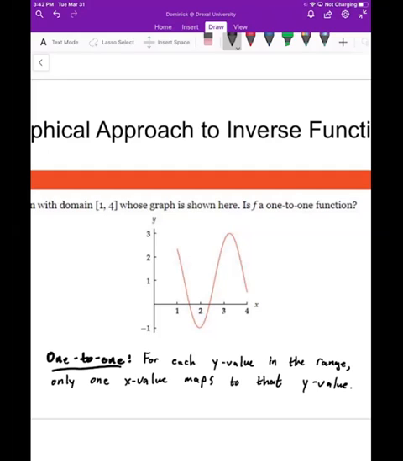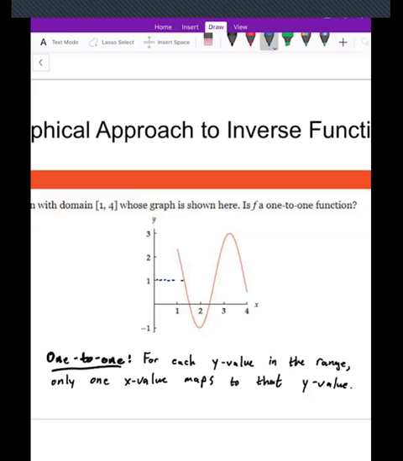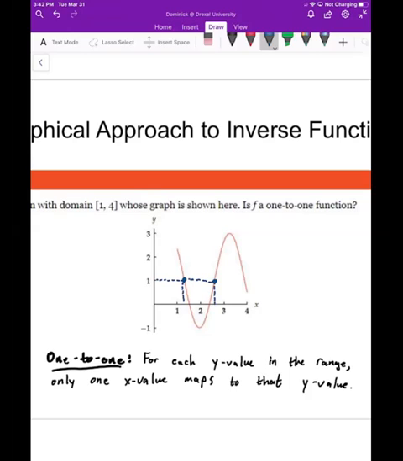Right, and unfortunately, there's a problem. I think just about with every point that's on here. Right, so if you look, for example, when y equals 1, you have this x value that corresponds to it. You have this x value that corresponds to it. And you have this x value that corresponds to it.